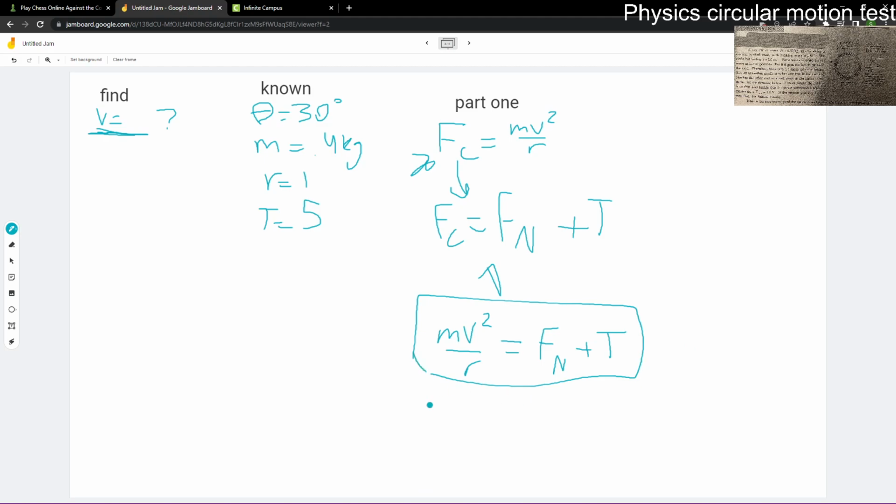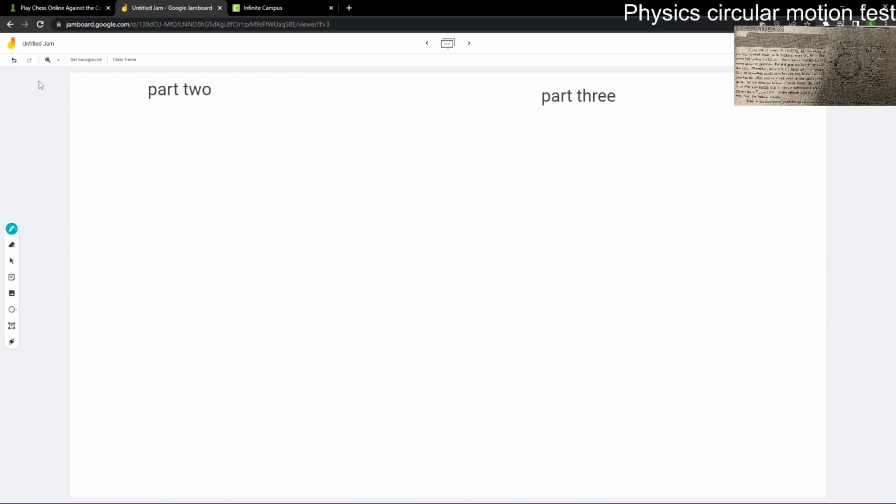We already know tension, mass, and radius. All we need to find is the normal force, the value it has before the car surpasses the limit. So to do that, this is part 2.